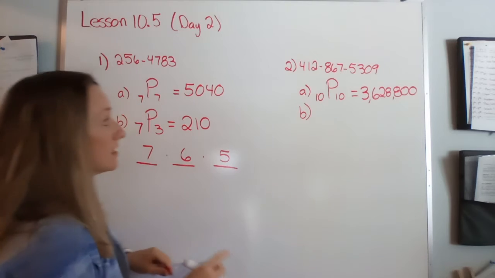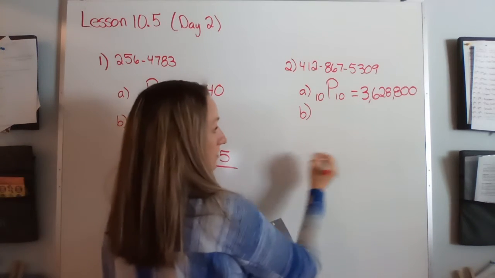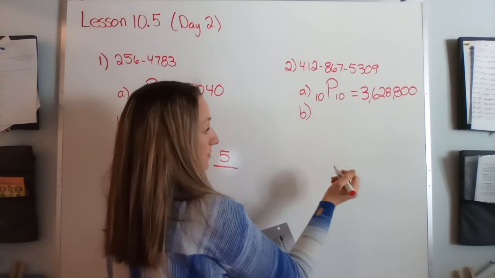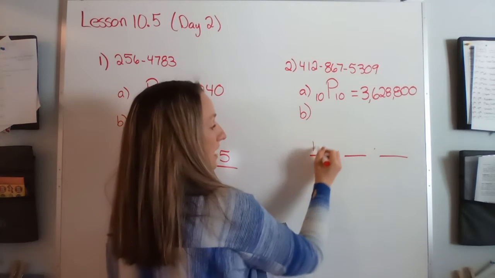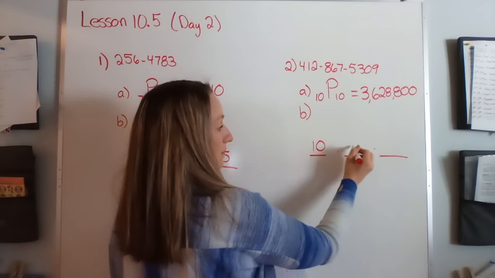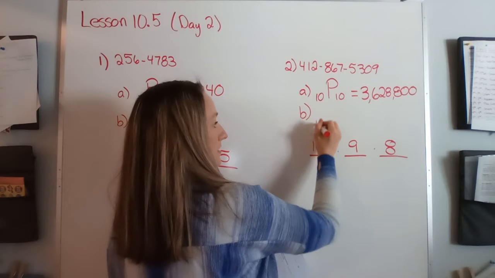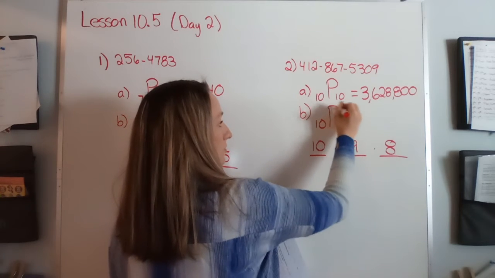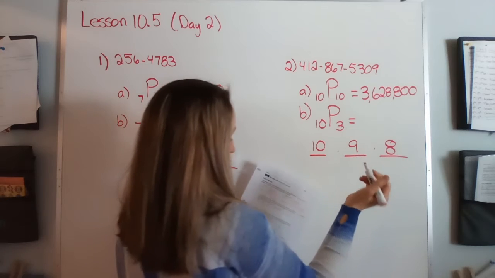For the next one, we're still taking 3 of those digits out of the 10. Again, you could look at either of these using the fundamental counting principle. You have 10 options for the first digit, then 9 options, then 8 options. That's the same thing as 10 permutation taken 3 at a time, which gives you 720.